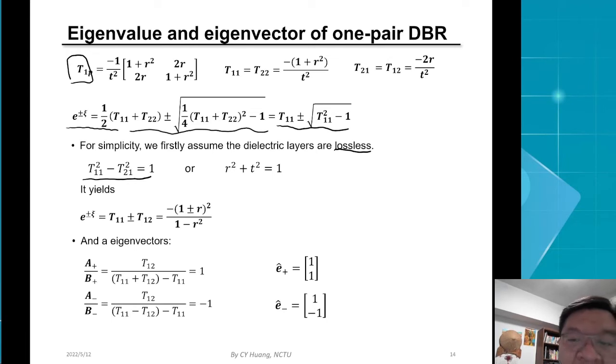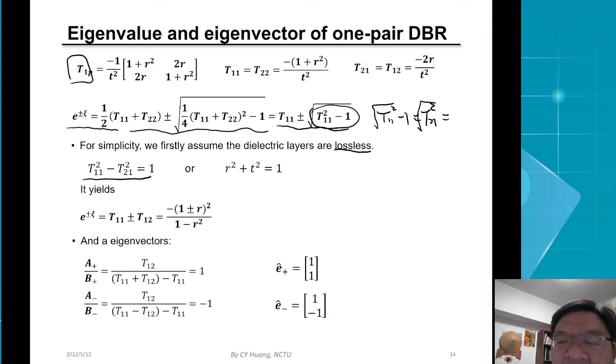So T11 squared minus 1 can be replaced by T21 squared, and taking a square root on both sides will be T21 plus or minus.